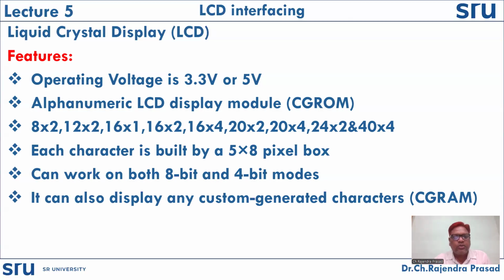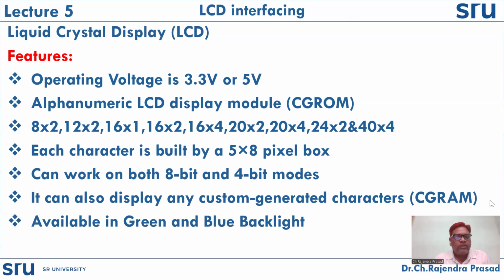In some cases, the user requires custom generated characters. In those cases, we use the CG RAM, within which we need to store the corresponding custom character. Here, CG RAM stands for character generator random access memory.